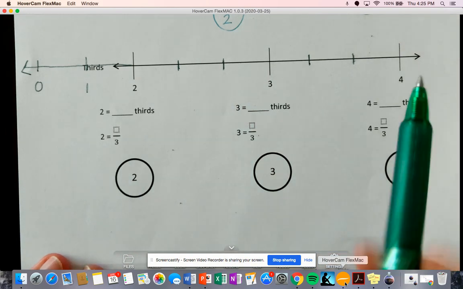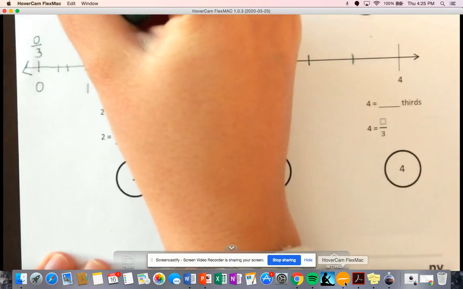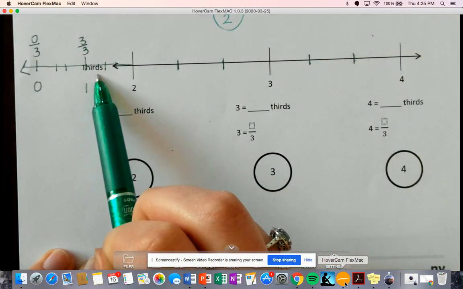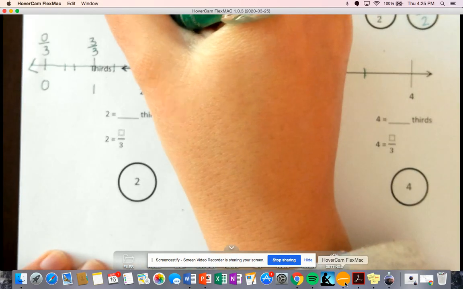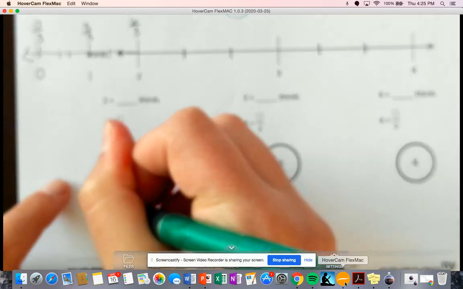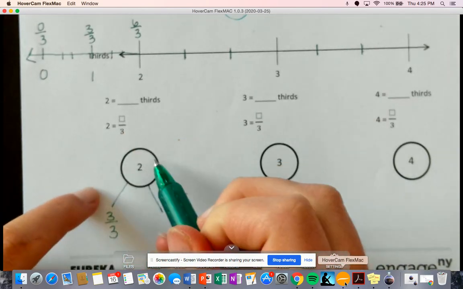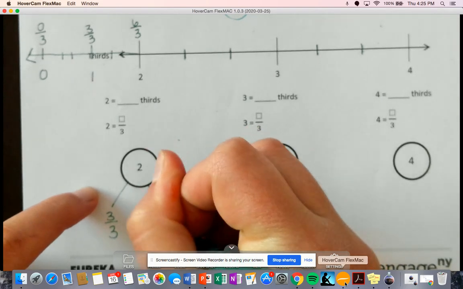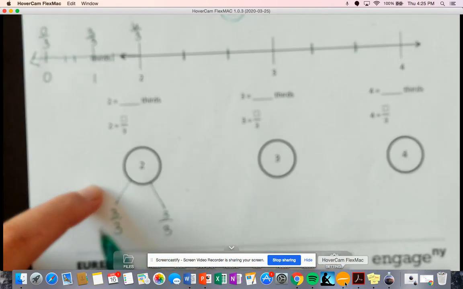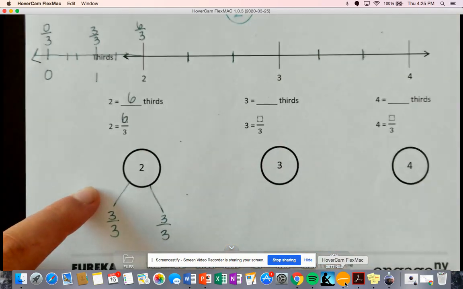I know it's smaller, but that's okay, just for checking. So here I have 0 thirds, 3 thirds, 4 thirds, 5 thirds, 6 thirds. Because every time I have a whole, I have 3 thirds. So 1 whole, 2 whole. And if I add this up, 2 equals 6 thirds.